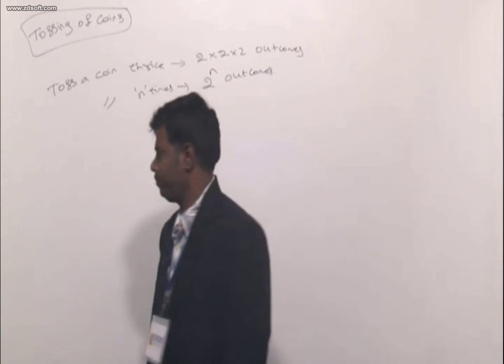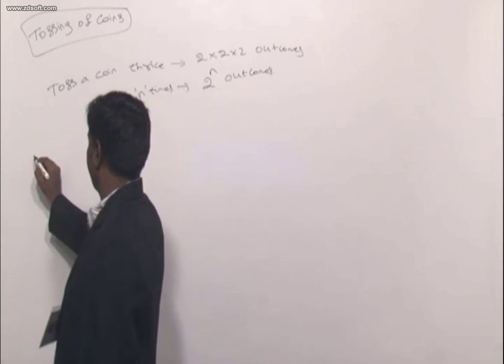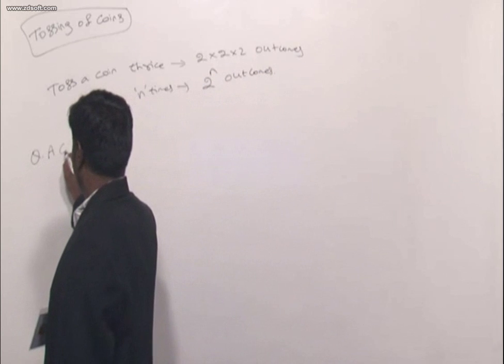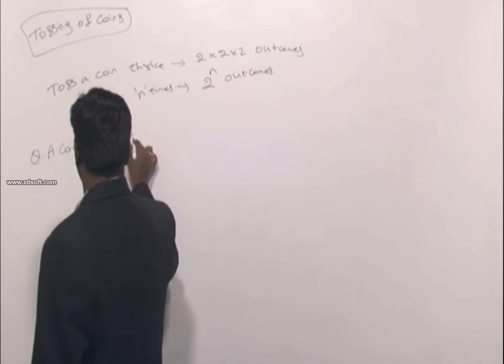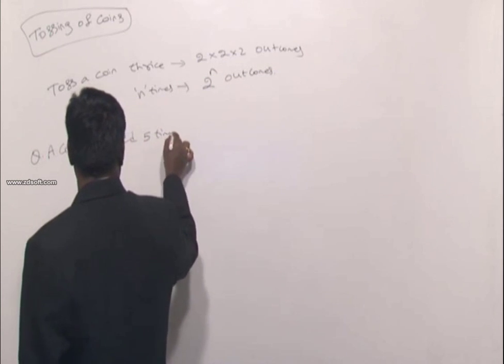Let us take a question. A coin is tossed 5 times.